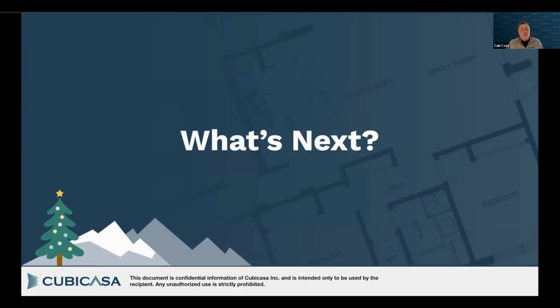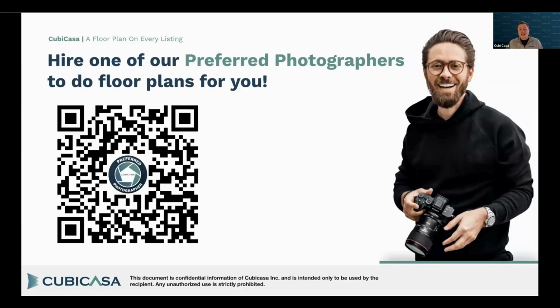The good news is that we work with a number of photographers that actually include our floor plans as part of their regular interior photo shoots. You can get connected with local photographers based on your actual location. By logging into your CubiCasa account, you'll see them front and center, or by scanning this QR code here on screen. Either of those options will again take your actual location and show you those local photographers that we work with.